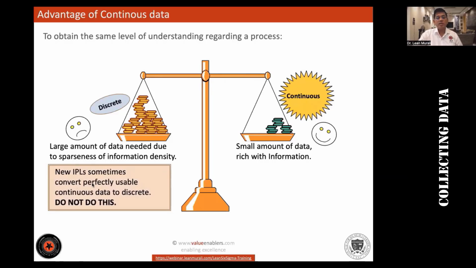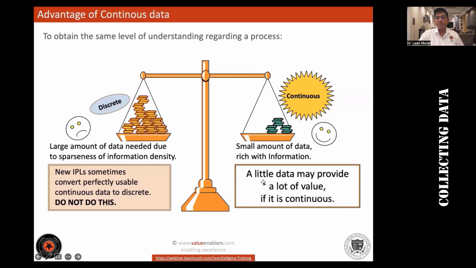Sometimes people convert perfectly useful continuous data into discrete. So do not convert this continuous data into discrete data. Always keep it as continuous data. Try to get as much continuous data as possible, because a little data might provide a lot of valuable information if it is continuous.